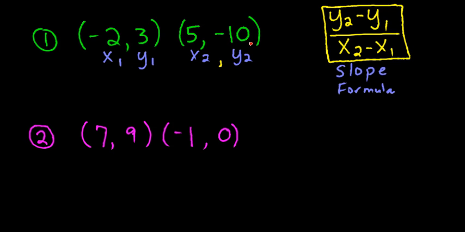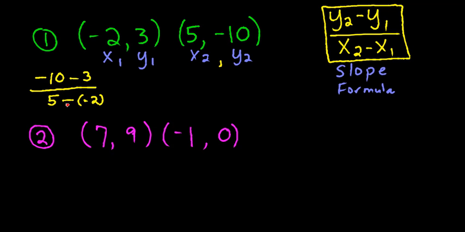All right, so let's start off with using negative 10. This negative 10 matches up with y2. I'm going to subtract my first y, which is 3. That's going to go over my second x, which is 5. I'm going to subtract my first x, which is negative 2.